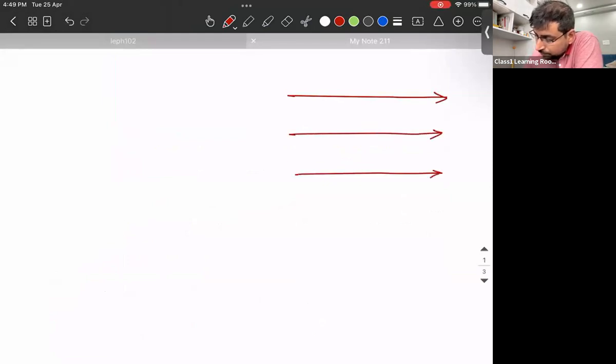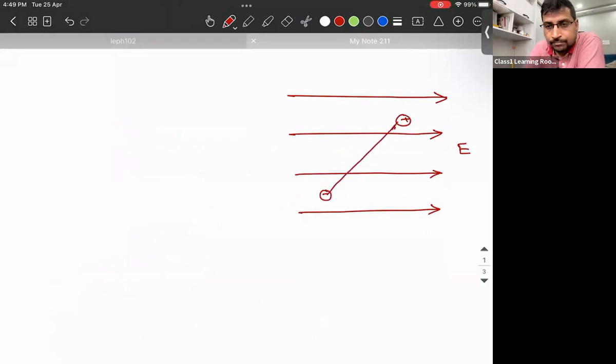Now here, if you see, there is going to be an electric field existing, and there is a dipole placed in this electric field, right? Let's say the distance between the charges is 2a.